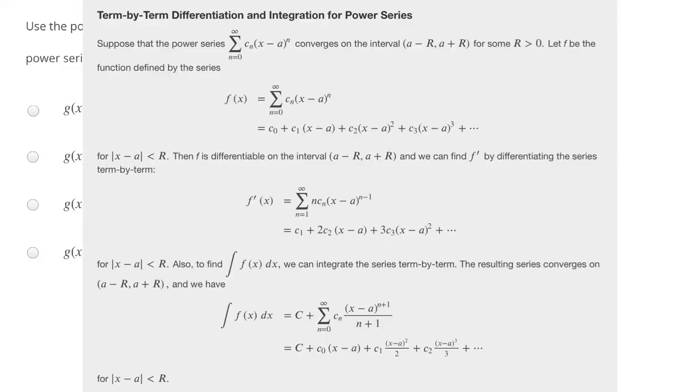So what are these two properties? In particular, if we're given a power series and we know it has an interval of convergence from a minus r to a plus r, so this is a power series centered at a with a radius of convergence of r, and the function that it represents is differentiable on the interval of convergence, then it turns out that we can take the derivative of the power series term by term, just using our power rule, and that power series will also converge to give a representation of the derivative of the function.